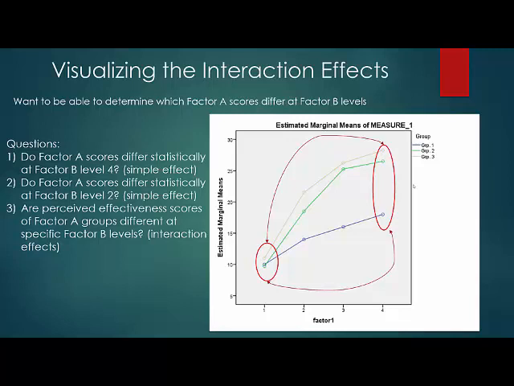We could look at whether the scores of coaches differ at factor B level 1 and 4 compared to how teachers and administrators provided their scores at the 1st and 4th level of factor B. This would be looking at the interaction effect to make judgments around, for the types of trainings within factor B level 1, so this could be the whole school, versus level 4 within the PLCs, are those score differences between coaches, teachers, and administrators different across those 2 levels? That's what we'd be interested in within the interaction effect here.